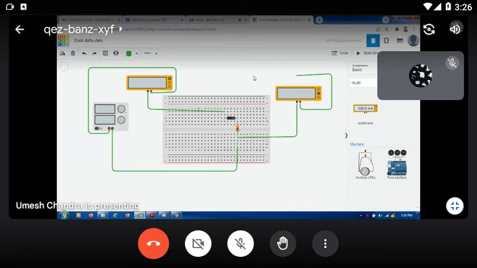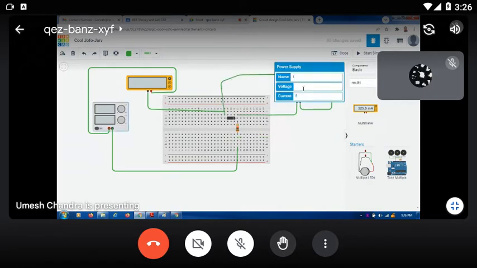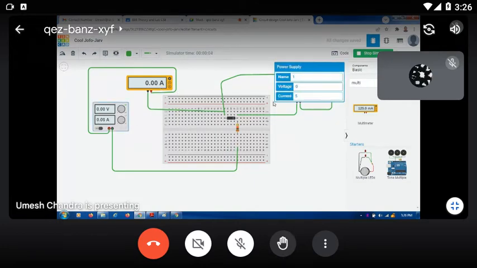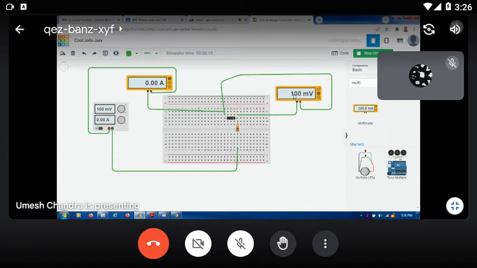First you give the zero voltage. When you give the zero voltage, what is your diode voltage? The diode voltage is zero, the diode current is zero. Then you give 0.1 volt.